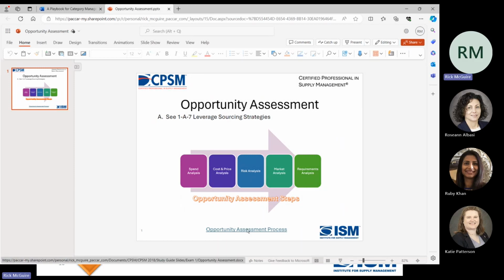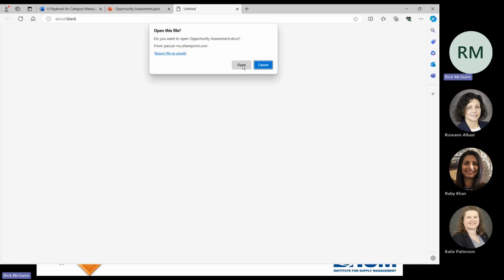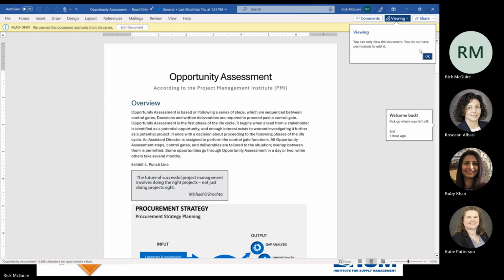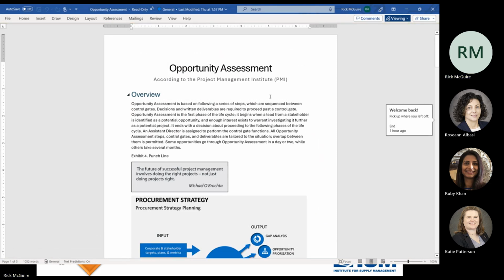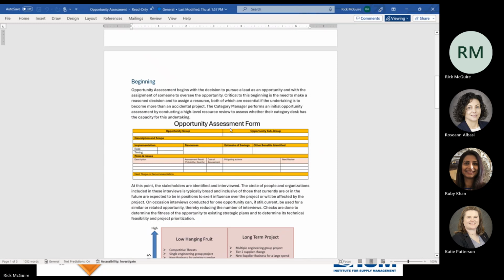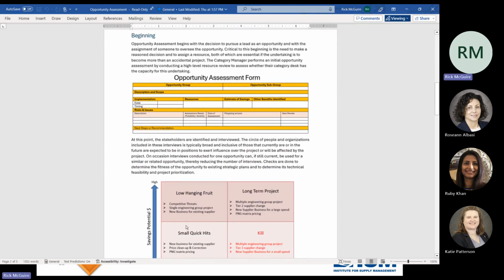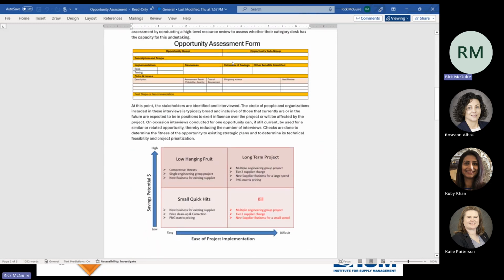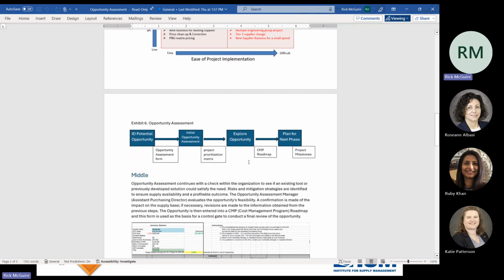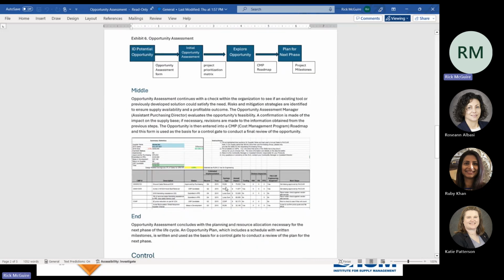Here's another one that's kind of modified from the PMI, Project Management Institute. It's modified to work with us. There's this form to fill out, low-hanging fruit. This is the project savings by ease of implementation. There's some steps and some stuff that you fill out.